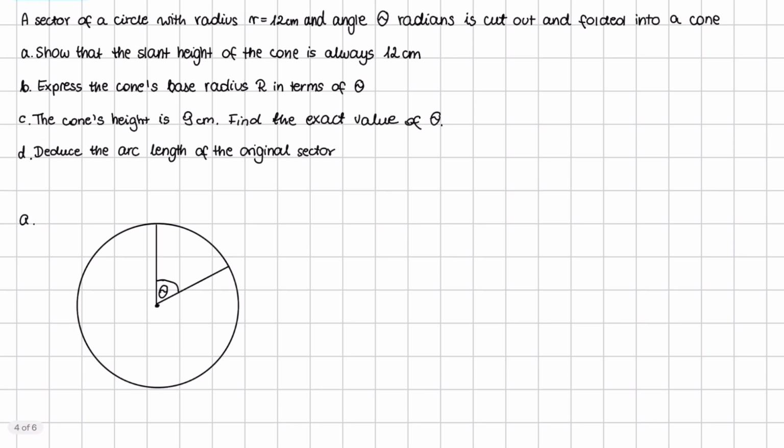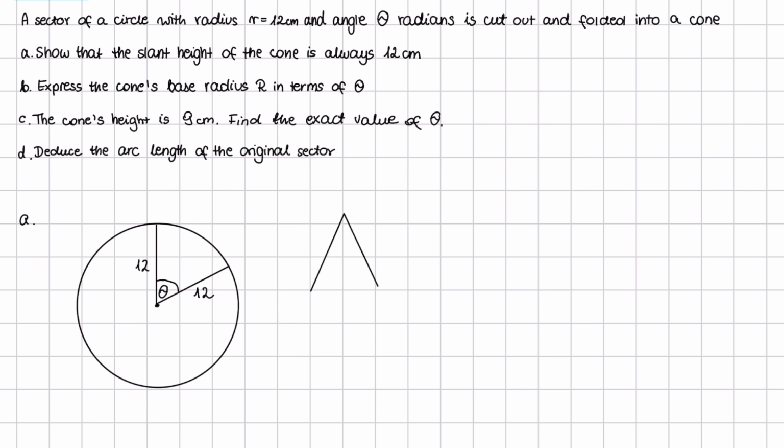We don't know it yet, so we can draw it like this. And our radius is 12 centimeters, in here, and everywhere from the center to the side. And we have to show that the slant height of the cone is always 12 centimeters. So let's draw our cone.